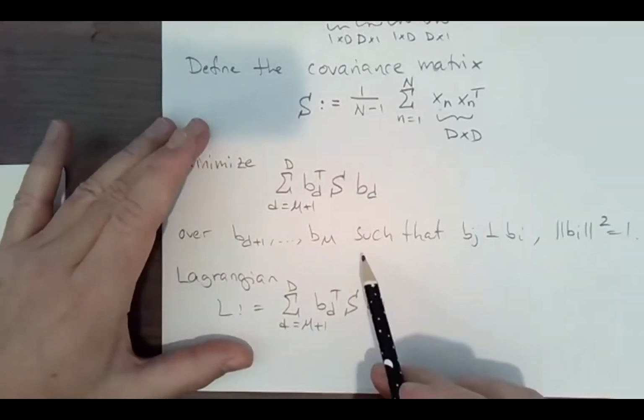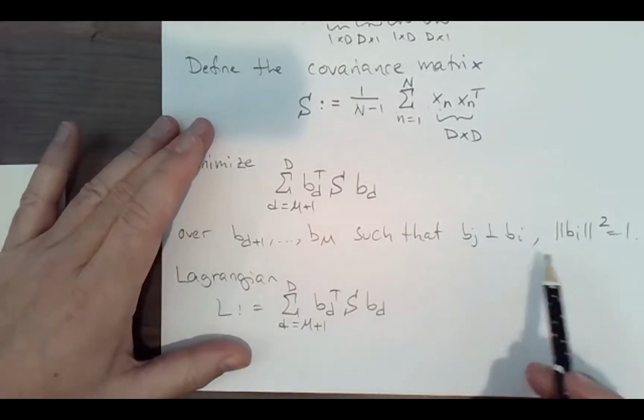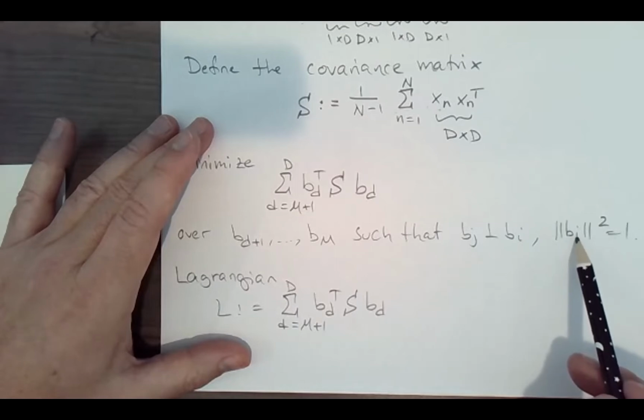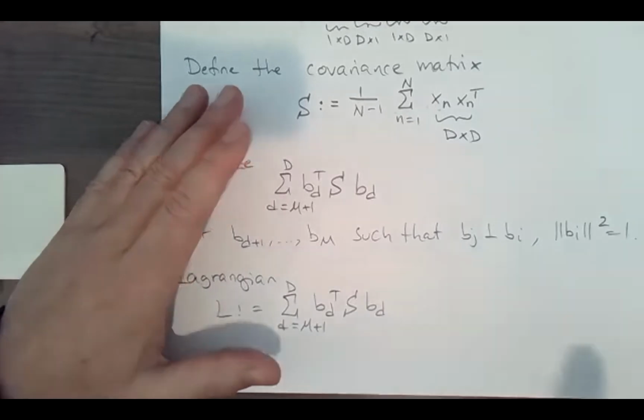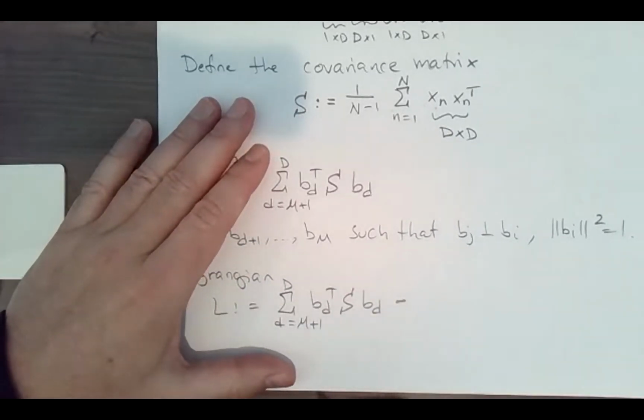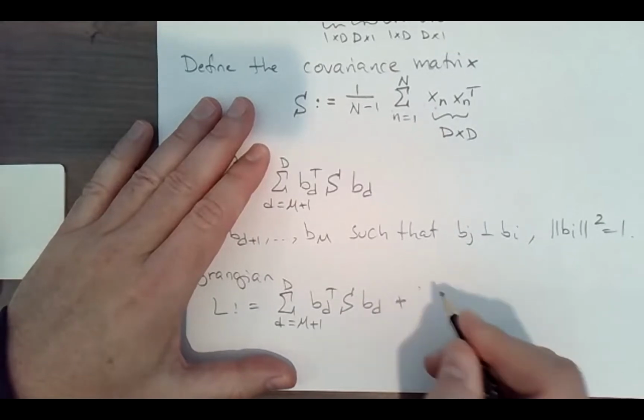But now there's going to be the side condition. The side condition is that you're only maximizing over vectors that have length 1, and you have to be orthogonal. So you're going to subtract away, maybe you're going to add, depending on the sign of the Lagrange multiplier.